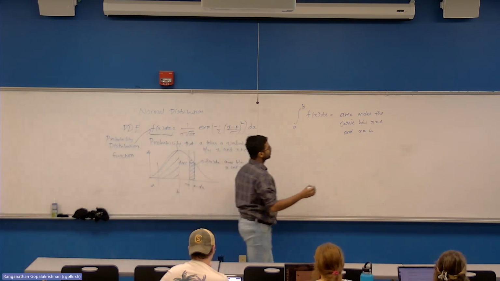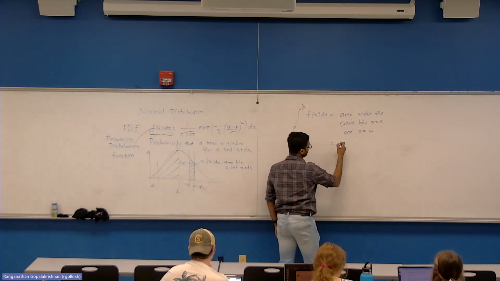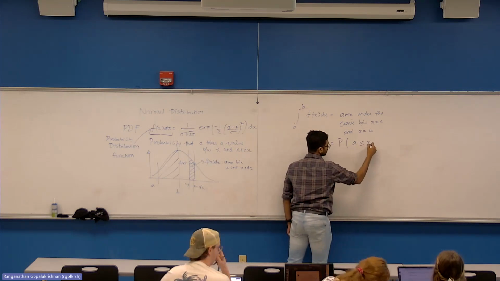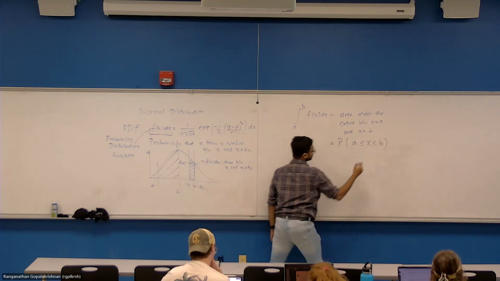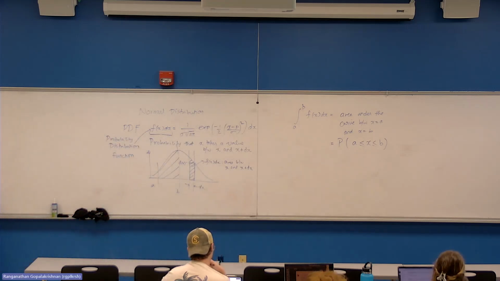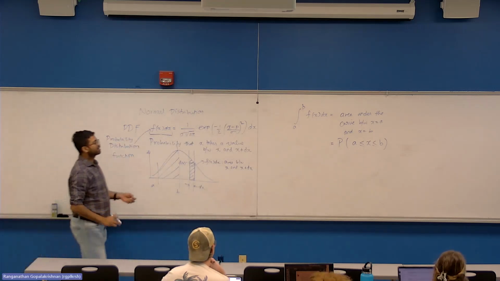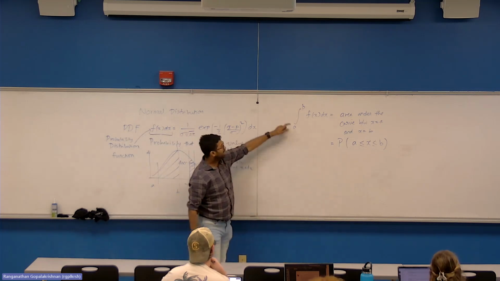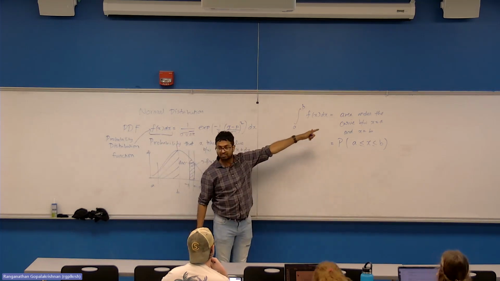Since nobody would say, it's all in your notes, I hope. This is the probability that x takes values between a and b. I posted some mock exams where you are asked to calculate the probability of x taking values in a certain range, which is the integral from a to b of f of x dx.